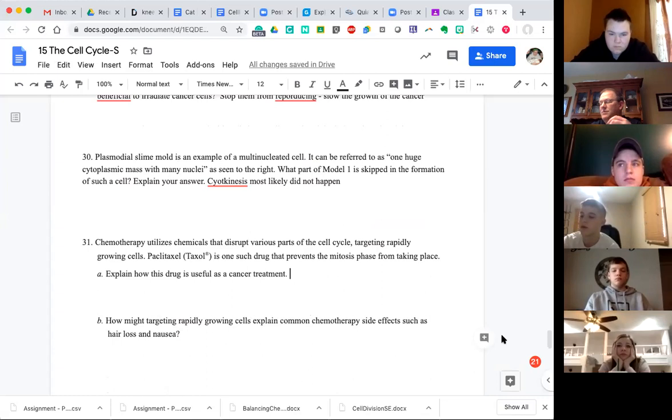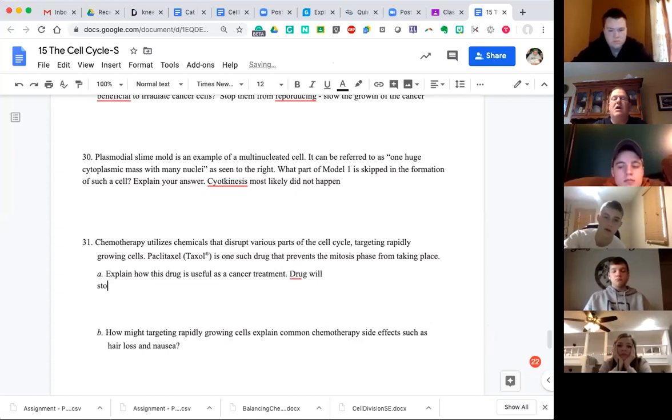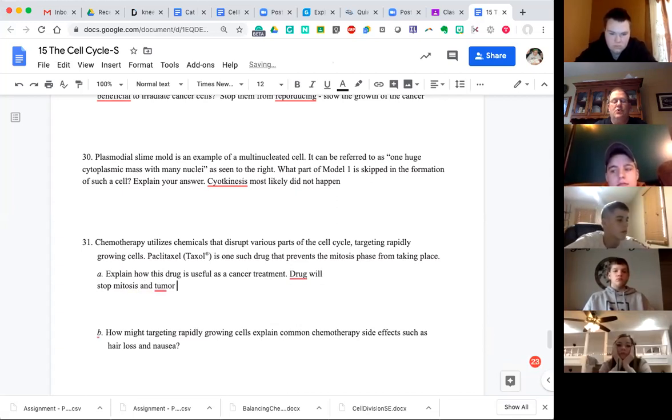Cells don't die like they're supposed to. So the drug will stop mitosis and the tumor should slow its growth.